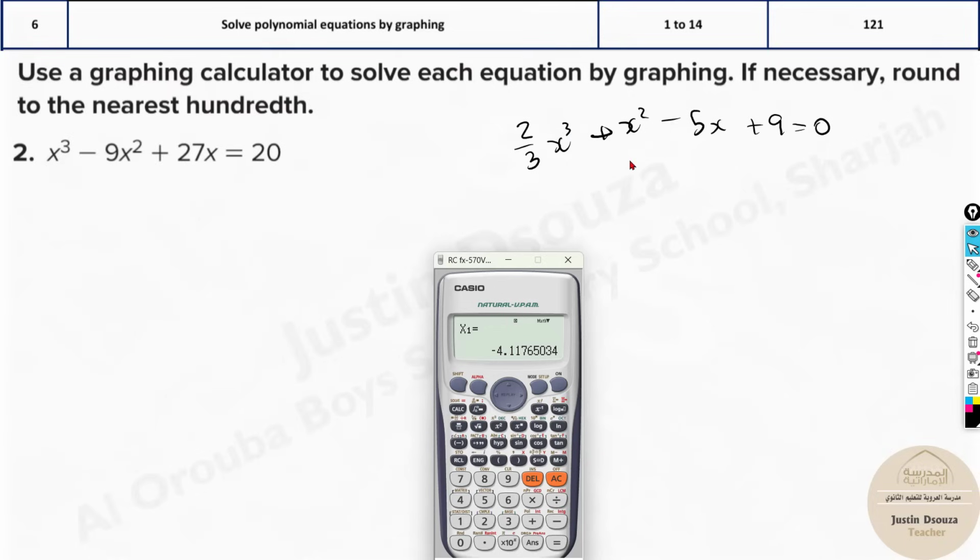And what about these? It's just the same thing, but you need to rearrange it and write it in the standard form. If you go to mode 5, the last option, you can see that is the standard form. X cubed plus x squared plus x plus d equals 0. So all you do is, sorry, mode 5, now 4. Now type in the coefficients, 1, minus 9, whatever is before x squared, x cubed, x, everything.